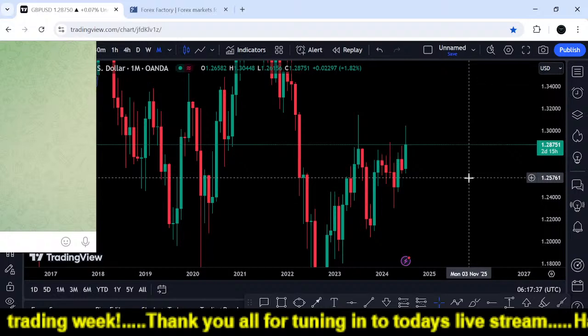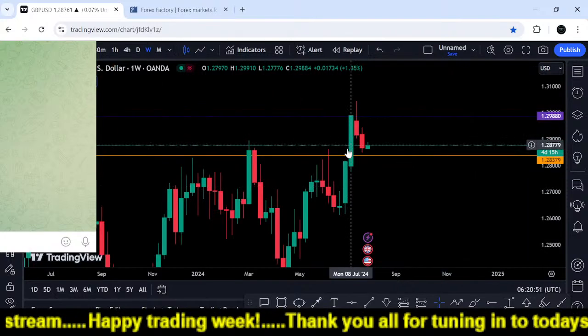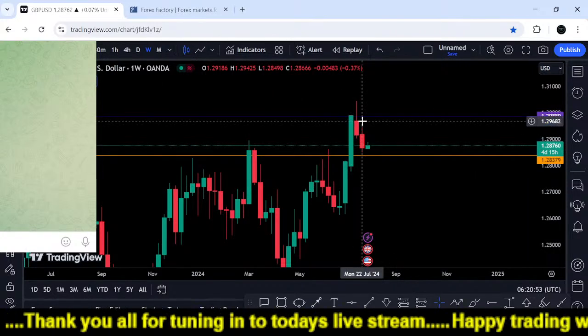Mostly when there are more gaps in the market, drawing the support and identifying the accurate levels is very challenging. What I recommend you to be doing is to change the candle chart to a line chart for it to be clear to you. Okay, so you move to the weekly time frame.